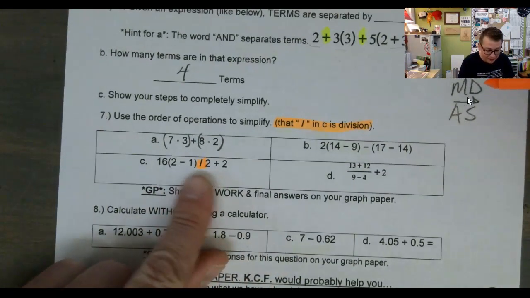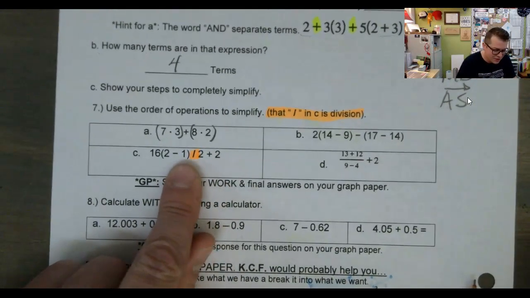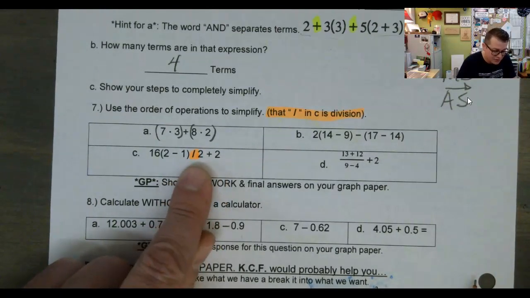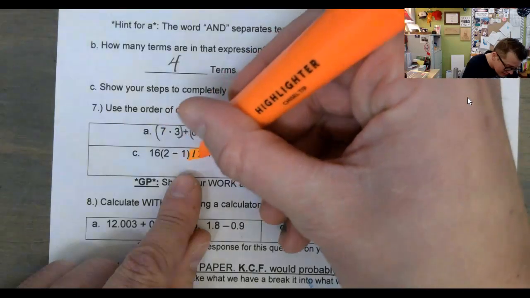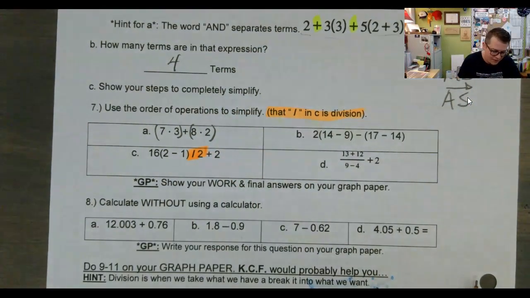And then, after we divide, we can then add. Guys, this is a big trap door. This division is going to happen before this addition. This division, we'll just go ahead and highlight that too. That division is going to happen before the addition. Hint, hint, nudge, nudge, wink, wink.